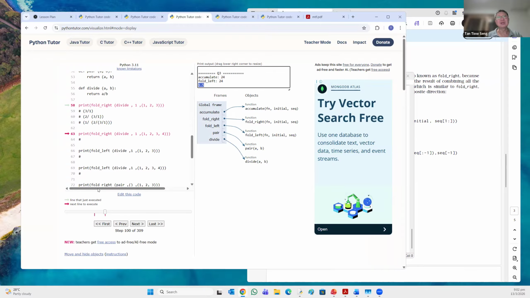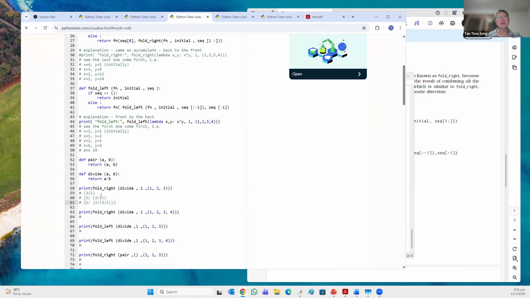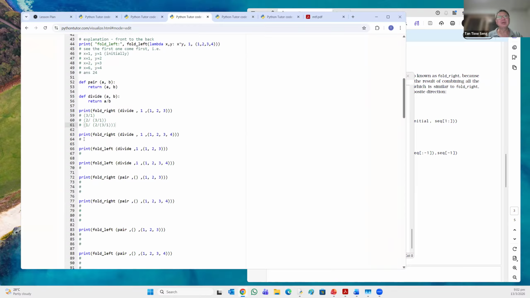So what about this one? This one is the same, but you have to start out with the 4 divided by 1 from the back. This fold right is the same, and divide, so it's the same. Then you have to take this with the 3, and then with the 2, and then with the 1.